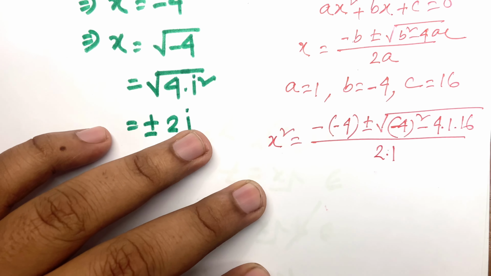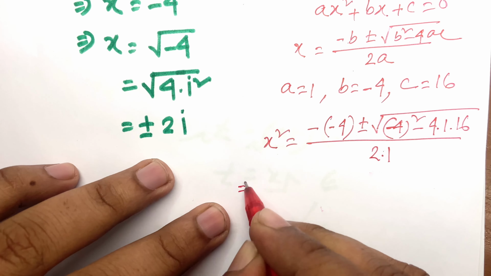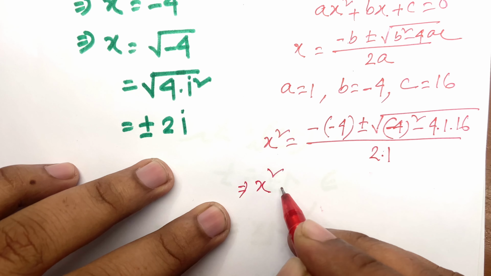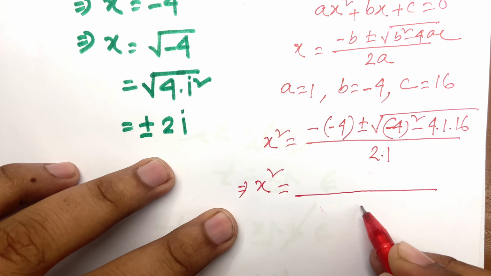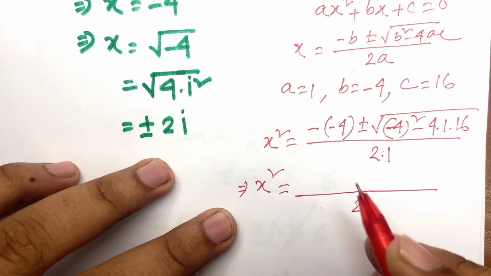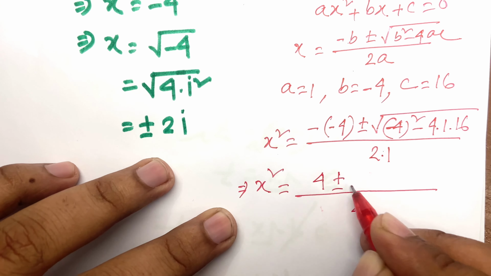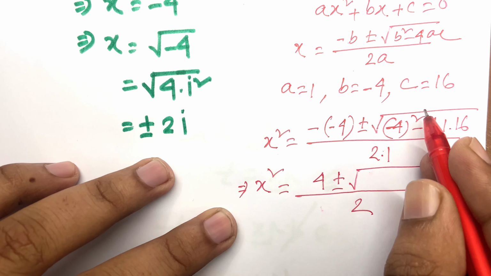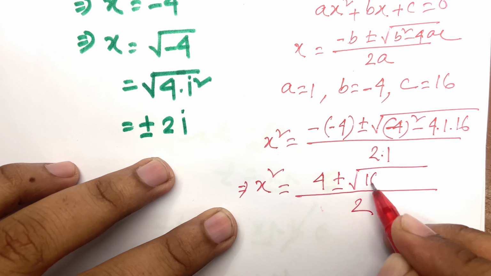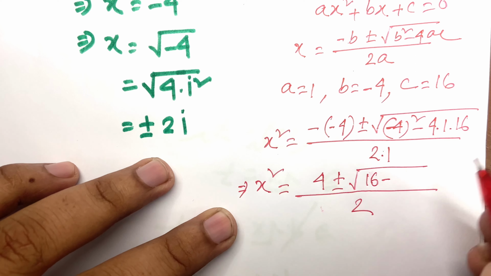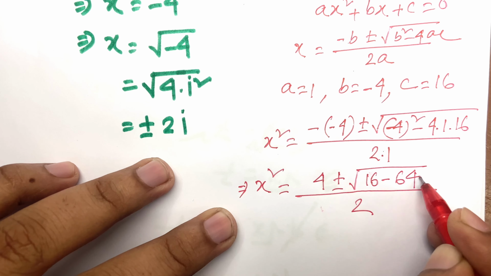Now I can say x square equal to 4 plus minus root over minus 4 square, which is 16, minus 4 multiply 16 is equal to 64, over 2.